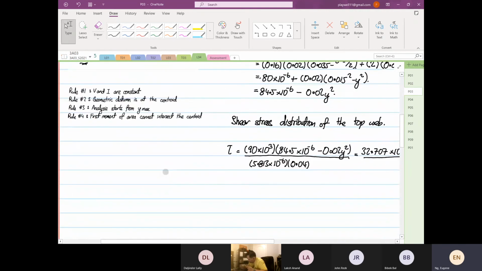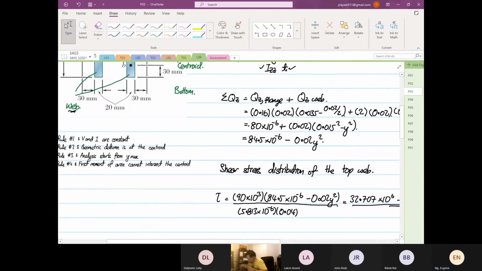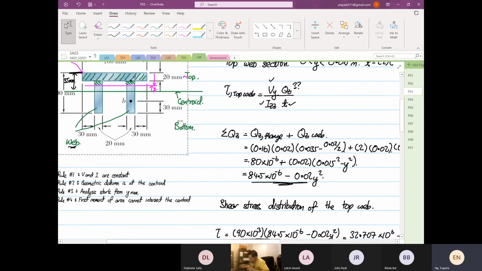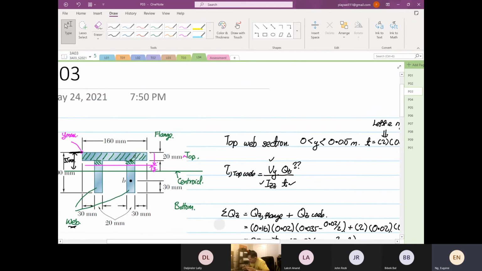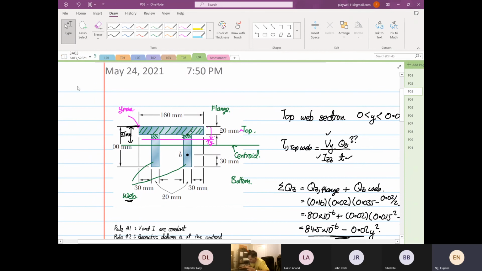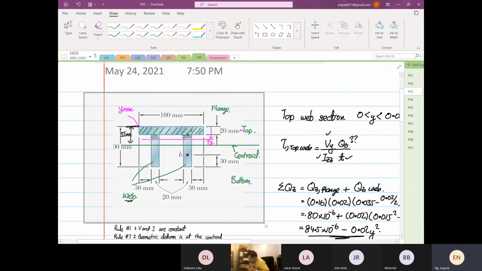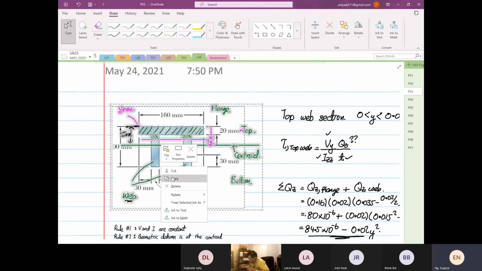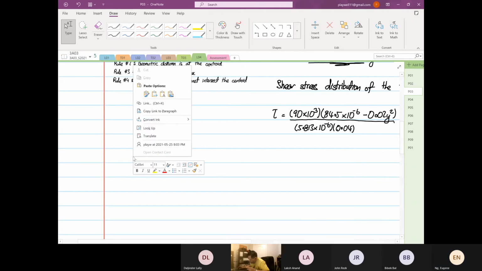So this equation has to be the same whether you take from top or from bottom. This is a checking method whether your analysis is right or wrong. If you take it from the top or from the bottom, the answer has to be the same.